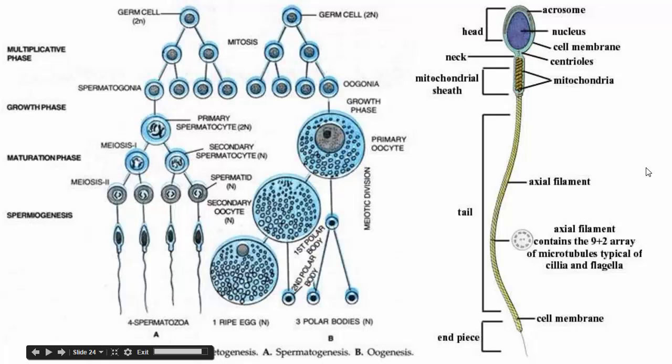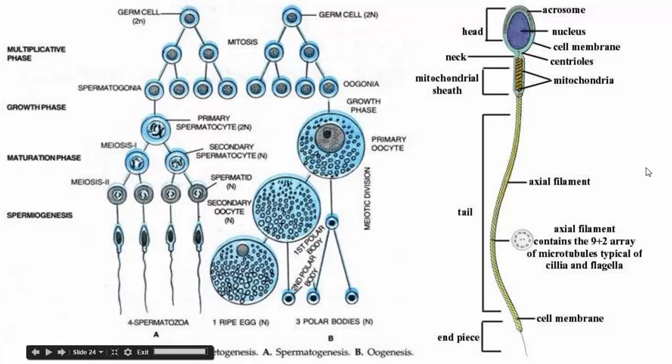Mitochondria are very important for the sperm cell because it needs a lot of ATP to make its way from when it's deposited in the vagina to the fallopian tube, where it can eventually meet the egg cell that has been ovulated. So it has that journey to make. These mitochondria allow for the production of ATP to move the flagellum. This is the flagellum, the tail of the sperm that it uses to swim to the egg.